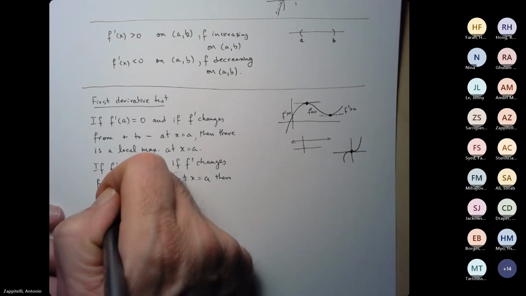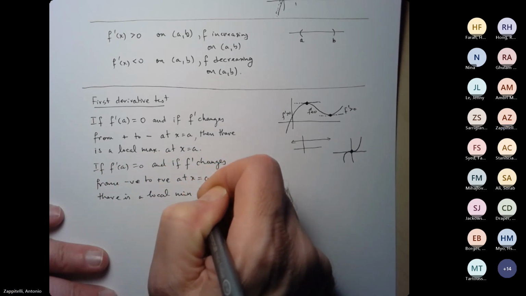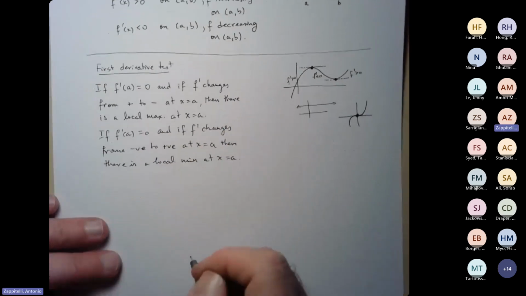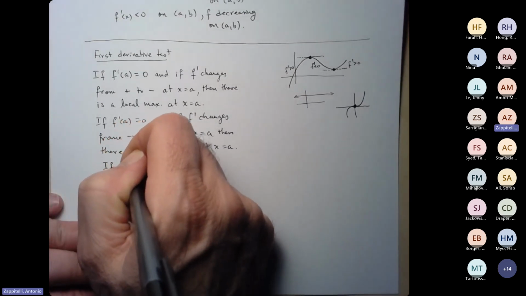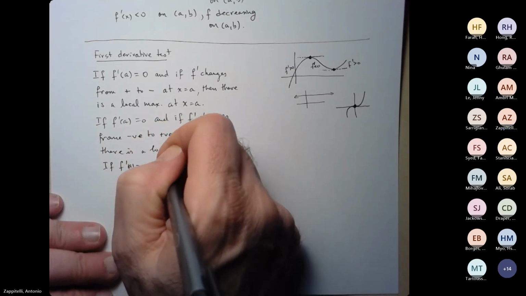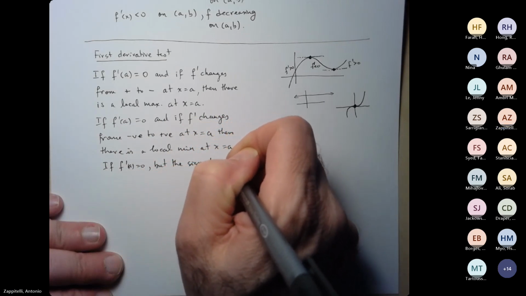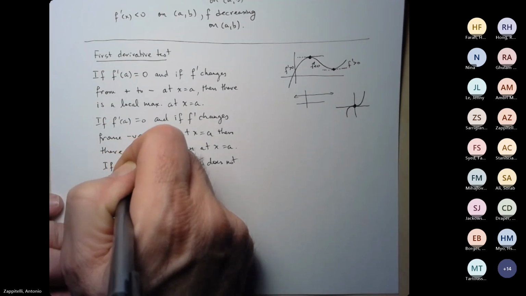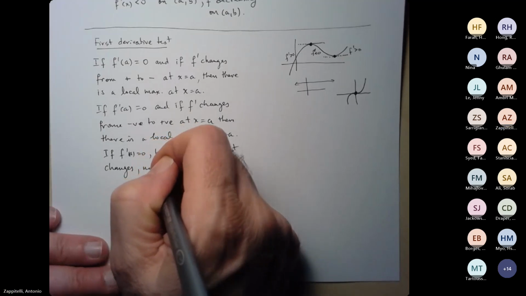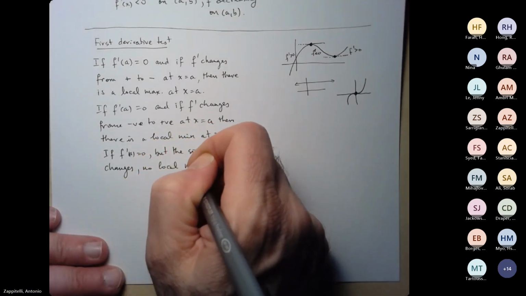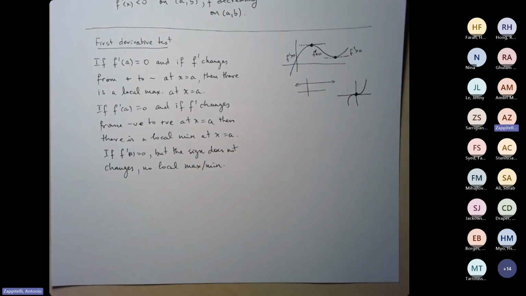Then there is a local minimum at x equals a. And if f prime at a is equal to 0, but the sign does not change, okay, then no local extremum, max or min.